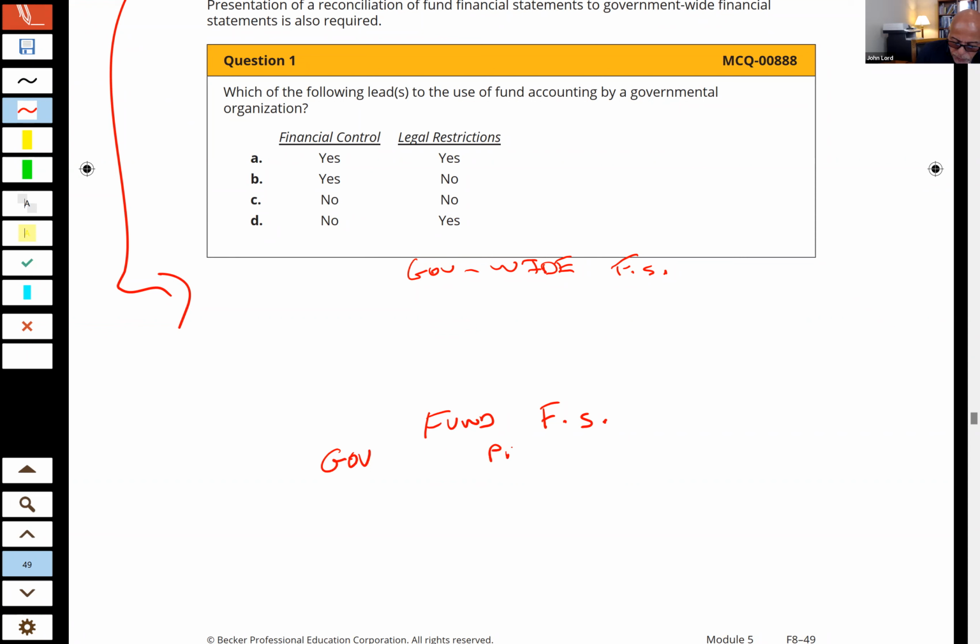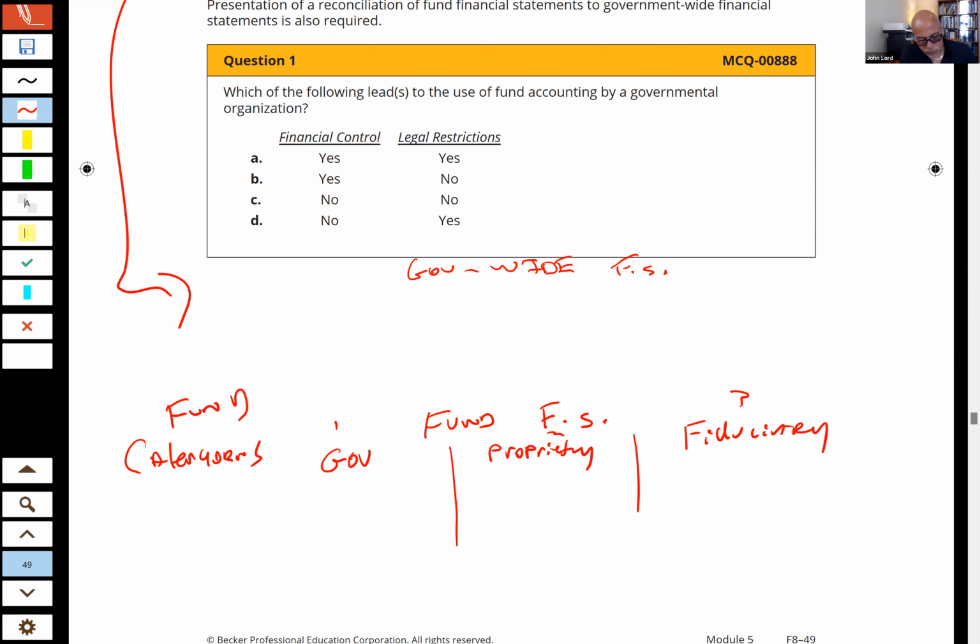You will see proprietary funds. I'm not going to write the word funds each time. Governmental funds, proprietary funds, and you will see something called fiduciary funds. All of these are fund categories. So when you look, we have what? 1, 2, 3 categories that get reported.